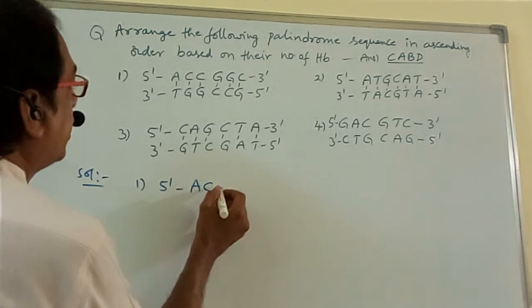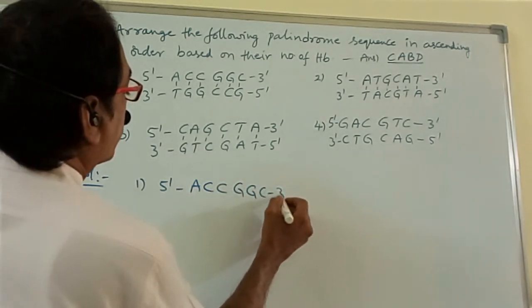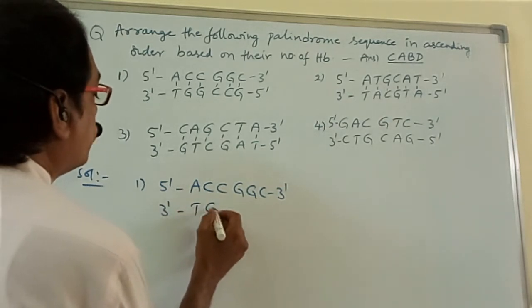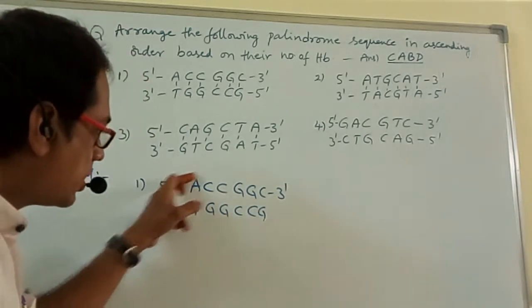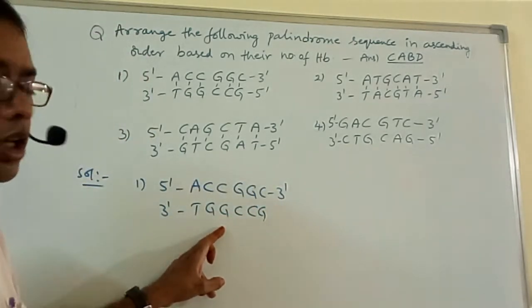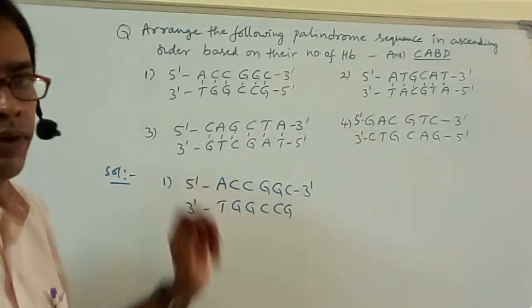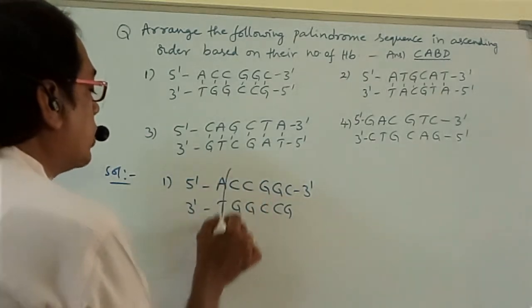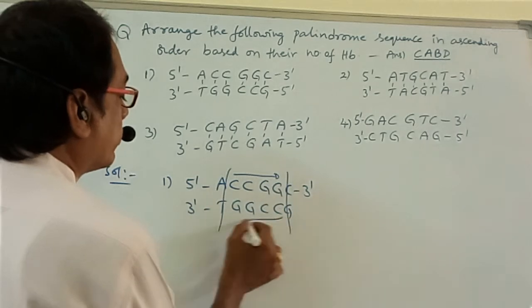A, C, C, G, G, C; T, G, G, C, C, G. If ACC, no palindrome. If the question is to arrange the following palindrome sequences, we have to find the palindrome sequence. Remove this one, and this one is the palindrome.